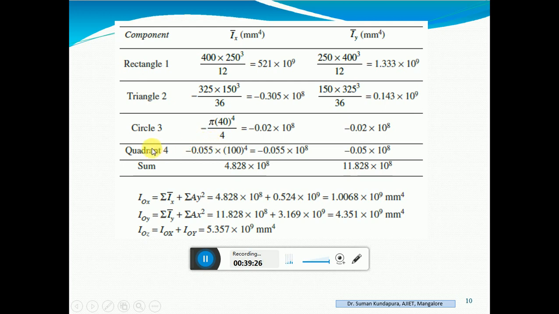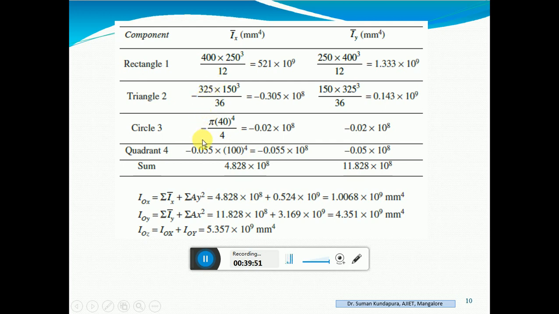For the quadrant it is minus 0.055 into r to the power 4. Actually it is 0.11 r to the power 4, but divided by 2, as we saw in the derivation. So you will get this answer.